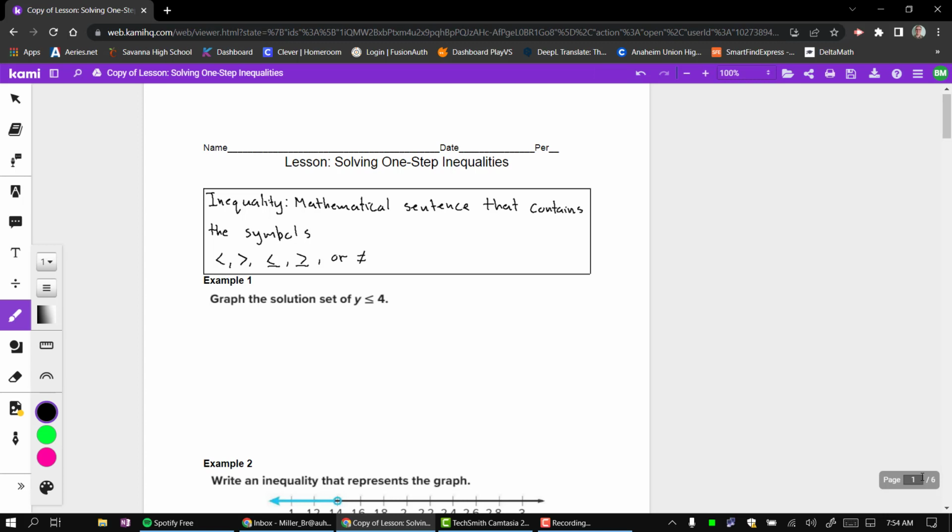So these symbols are greater than, less than, greater than or equal to, less than or equal to, or not equal to.